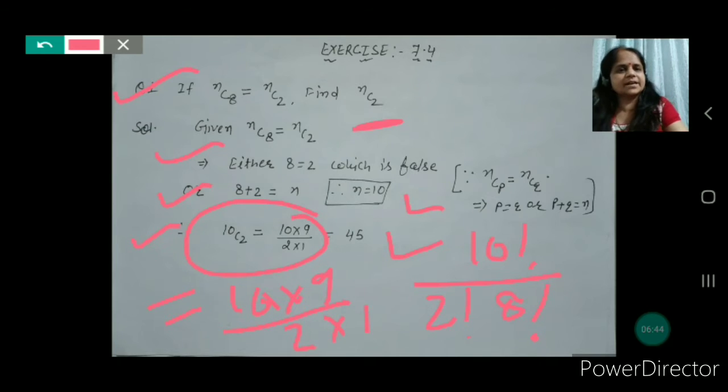So directly we can write 10 into 9 upon 2 into 1. If there is 2, it means backward counting 10 into 9, and in the denominator 2 into 1. If it is 10C3, then you have to write 10 into 9 into 8, and in the denominator 3 into 2 into 1.